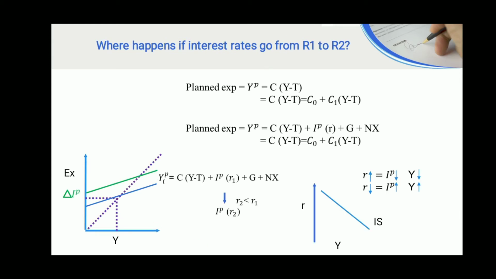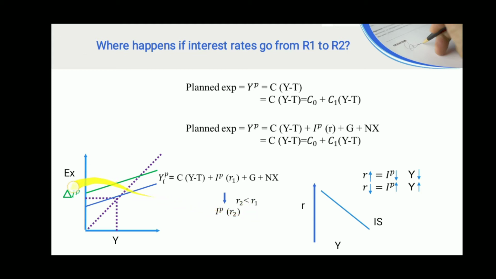So the next question is what will happen if interest rates go from R1 to R2. Here we assume that R2 is less than R1.